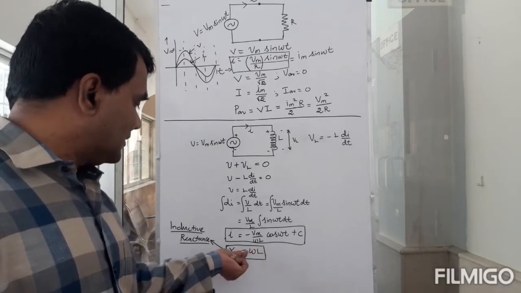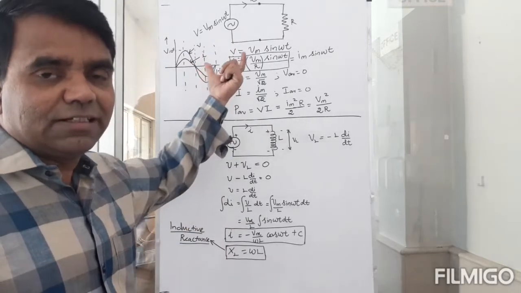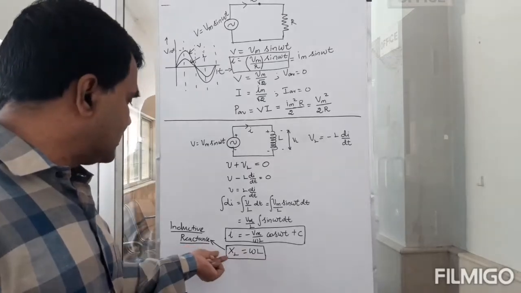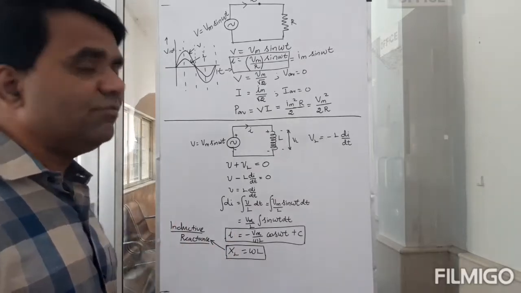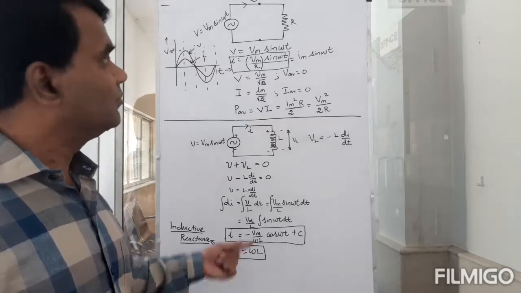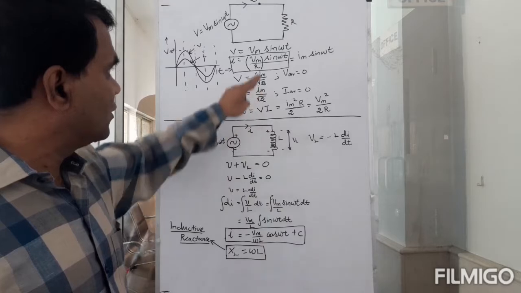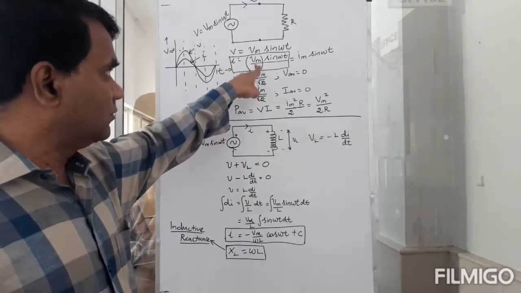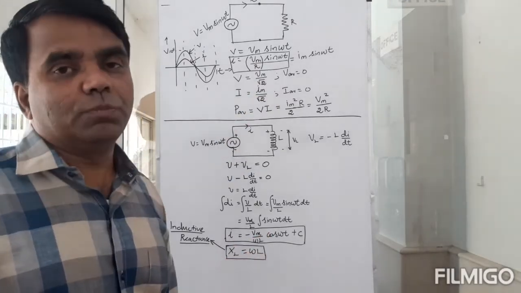So omega L is equal to XL. XL will have attributes of a resistor, a resistance R. So this XL is called inductive reactance because this reactance is given by the inductance of the coil. And what would be the unit of this? It would be ohm, obviously, because this is like R. So omega L will have the units of resistance, that's ohm. So the unit of this will be ohm.